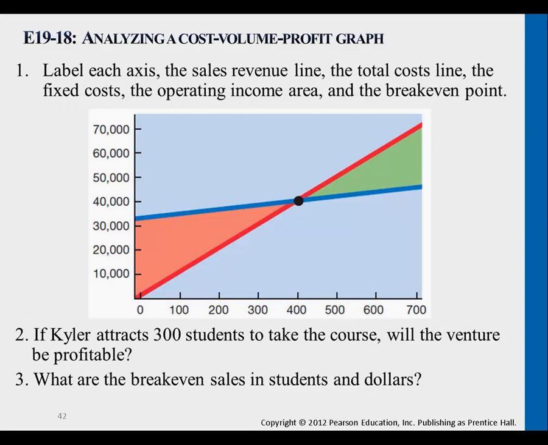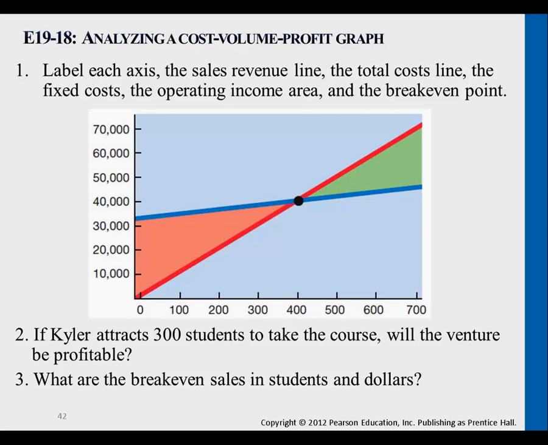Okay, so we have this. What we need to do, we need to label each axis, sales revenue line, total cost line, fixed cost, operating income area, and the break-even point. So let's start. What axis is which one? What is this axis?